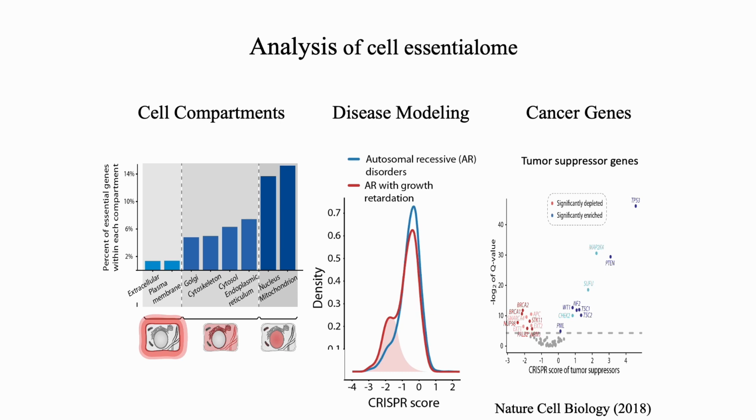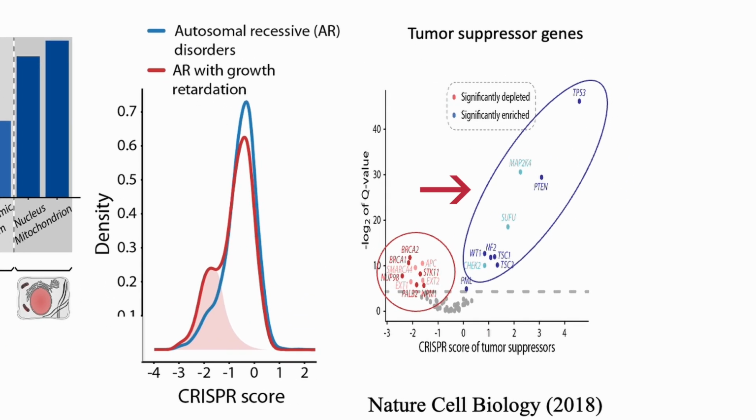The last topic that I would like to touch on regarding cell essentiality is cancer genes, and I'm now focusing only on tumor suppressor genes. Again, we could divide the tumor suppressor genes into two groups. The one that makes most sense: once you have a mutation, the cells grow better, and those are involved with cell death, apoptosis, and really prevent cell death once they are mutated.